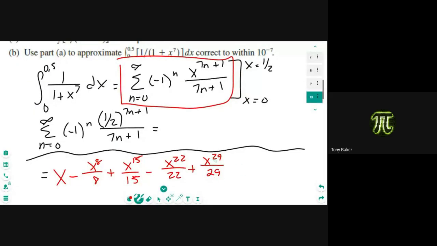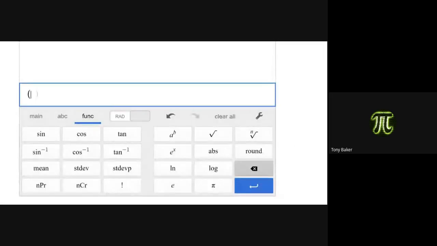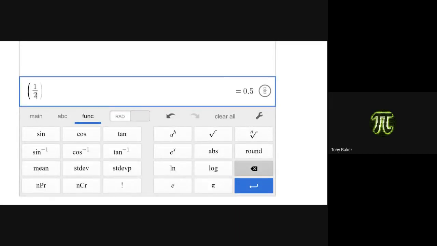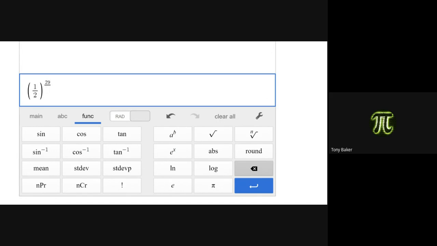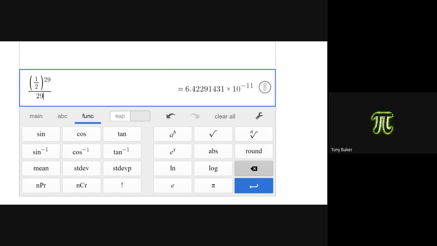If I plugged in 1/2 to the 29th power over 29, I get 10 to the negative 11th power, so we went past what we need. That's farther than we need. If I change it to 22, that's the 8th power. That's probably as far as we're going to need to go.